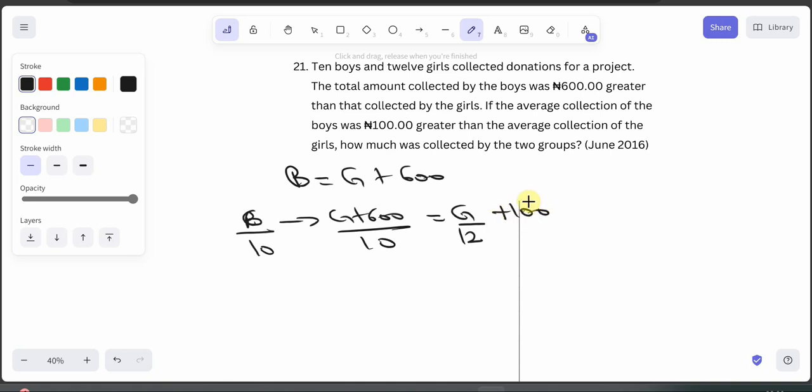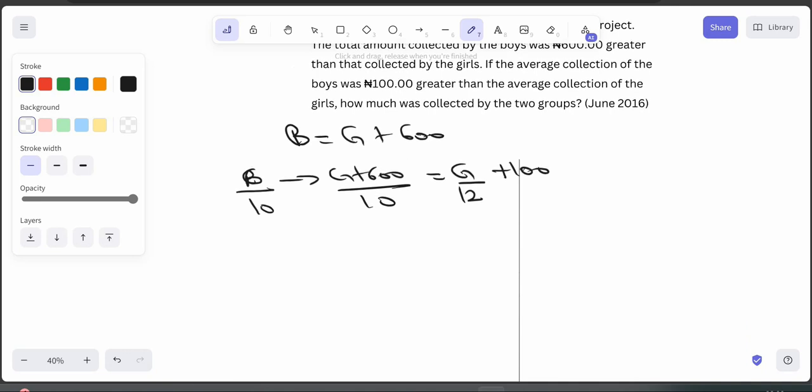It now says how much is collected by the two groups. So we can simplify this. This is like saying (G plus 600) over 10 is equal to G over 12 plus 100. 12 times 100 would be 1200.